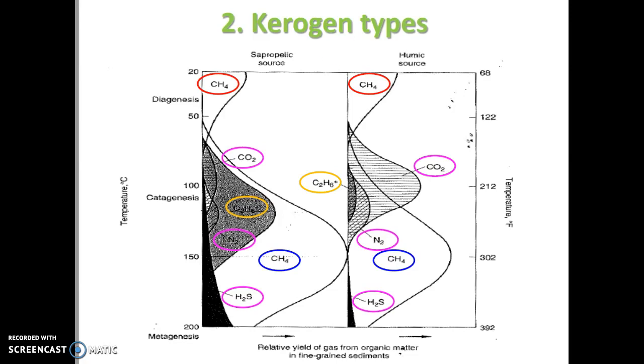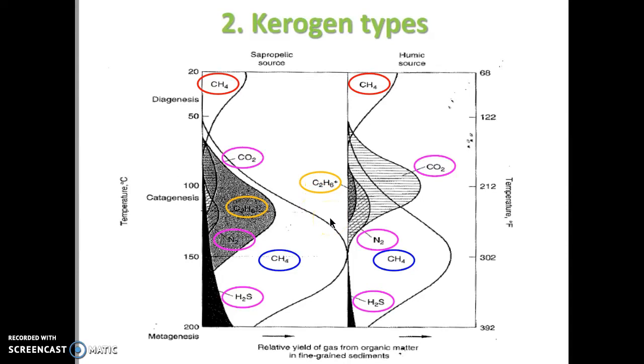This curve shows you, in a very general way, the relative volume of the gases that came from the organic matter, from type 1 and 2 sapropelic source, and from the humic source.